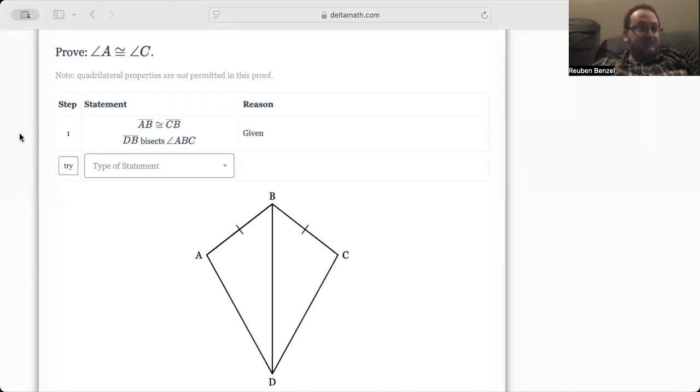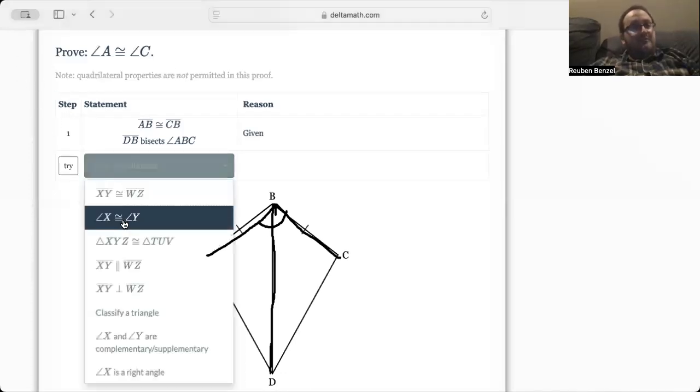Syntax does matter. So that's what we're going to do. But I'm just going to use my little highlighter here and trace it. So we could say that ABD and CBD are congruent to each other.